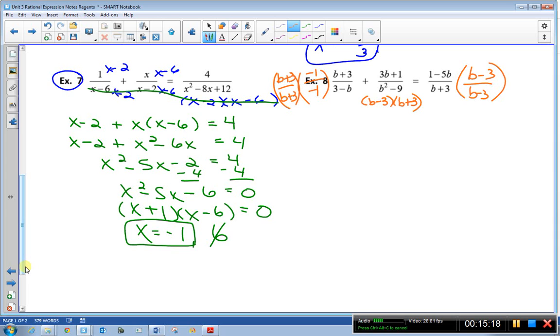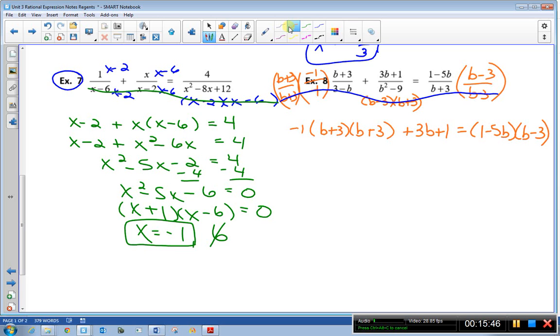So now they're all the same. So b plus 3 times negative 1 times 3 minus b is the same as b plus 3 times b minus 3. So all those are the same. So I end up with negative 1 times b plus 3 times b plus 3 plus 3b plus 1 equals 1 minus 5b times b minus 3.